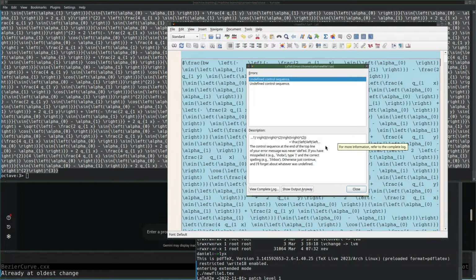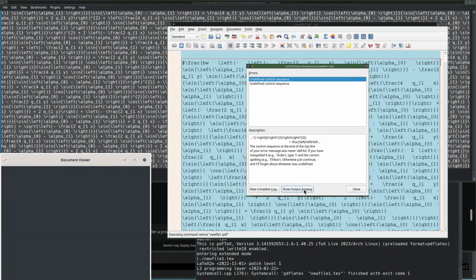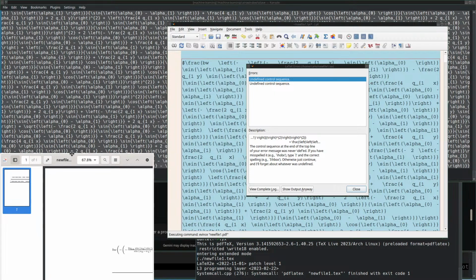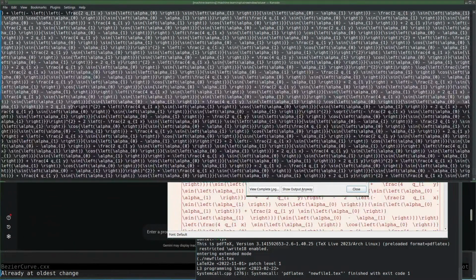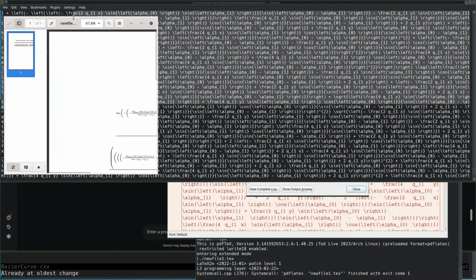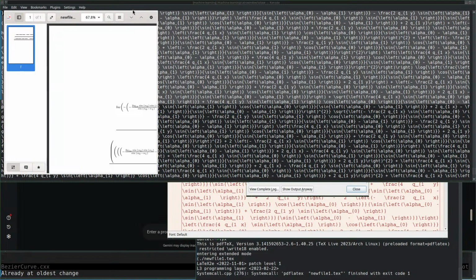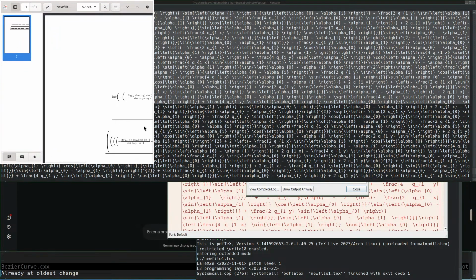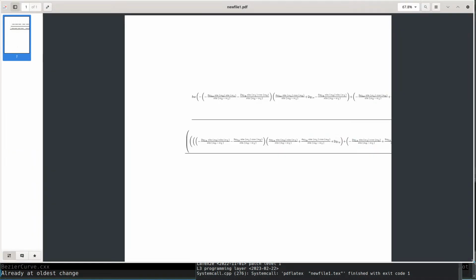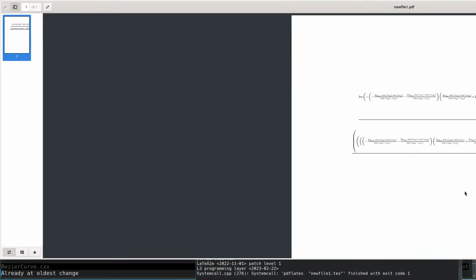Define control sequence. Fuck. Yeah, and then you get that, of course.